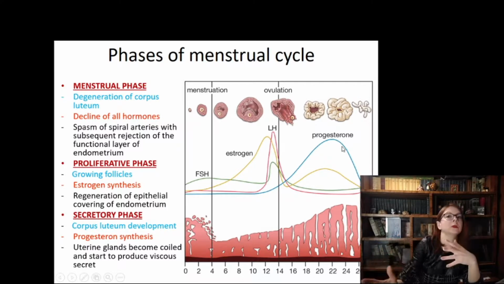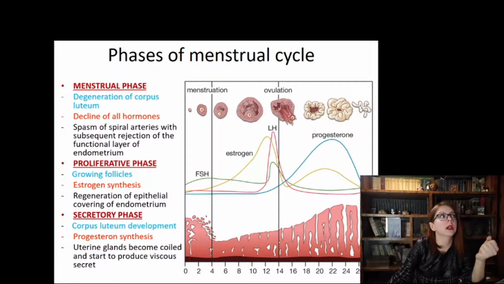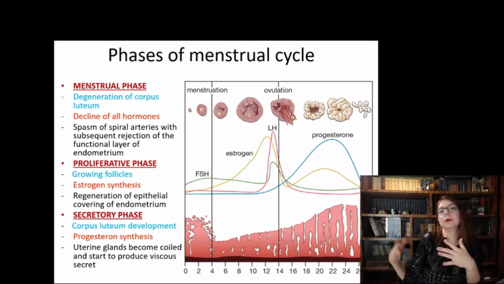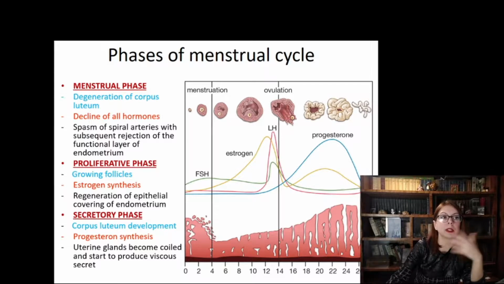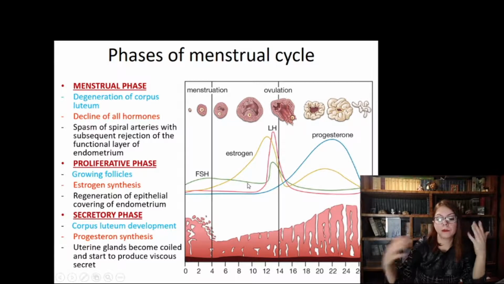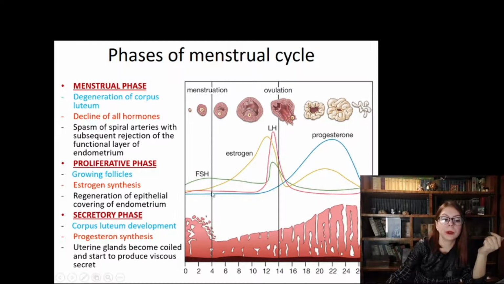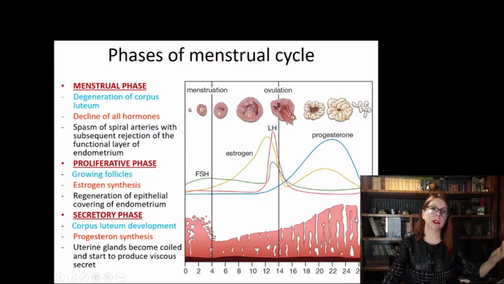Also, some tumors, benign and malignant, are treated by blocking receptors of progesterone or estrogens. And to understand how those drugs work, you have to understand the normal functions of different hormones. So estrogens are needed to regenerate the epithelial covering of the endometrium, while progesterone is needed to stimulate secretion and to prepare the uterus for the implantation.